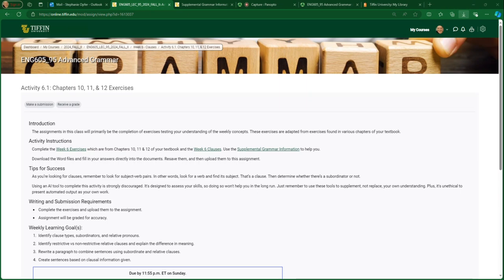Then in 8, combine the clauses. Oh, so this is a revision. In each of these letters, they've given you a couple of sentences. They want you to revise them by combining all these sentences into one sentence, essentially, using relative clauses or content clauses.